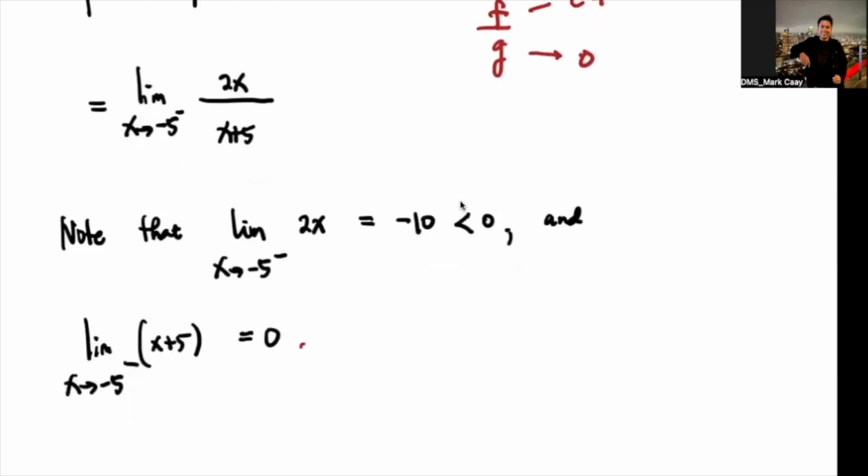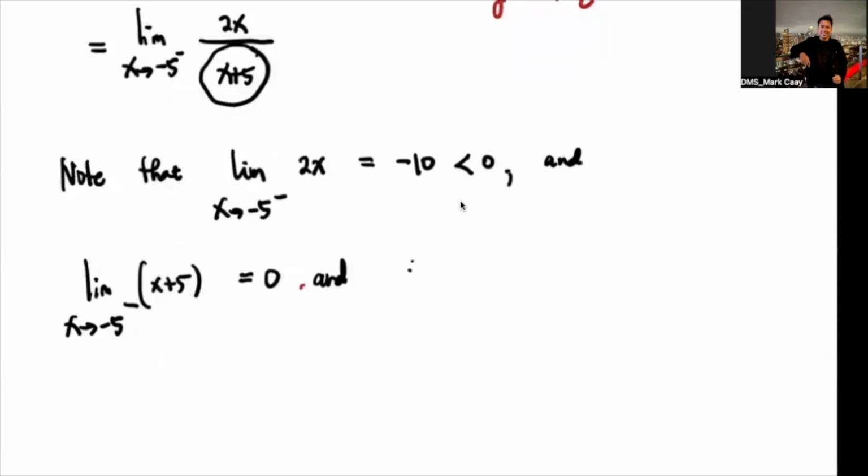Nasa x plus 5 kasi siya, no? If you want to think of values less than negative 5, let's say negative 10, if you substitute that negative 10 to x plus 5, the result is negative 5. How about the other value? Let's say negative 7. So, it's in between negative 10 and negative 5. Yung negative 7 naman, if you substitute that, naging negative 2, so if you notice, all the values to the left of negative 5, as it goes towards negative 5, it goes towards 0.